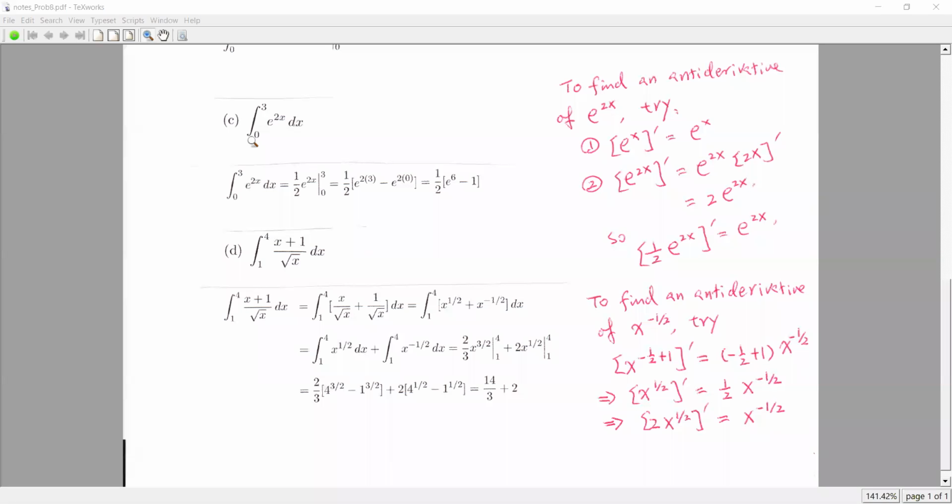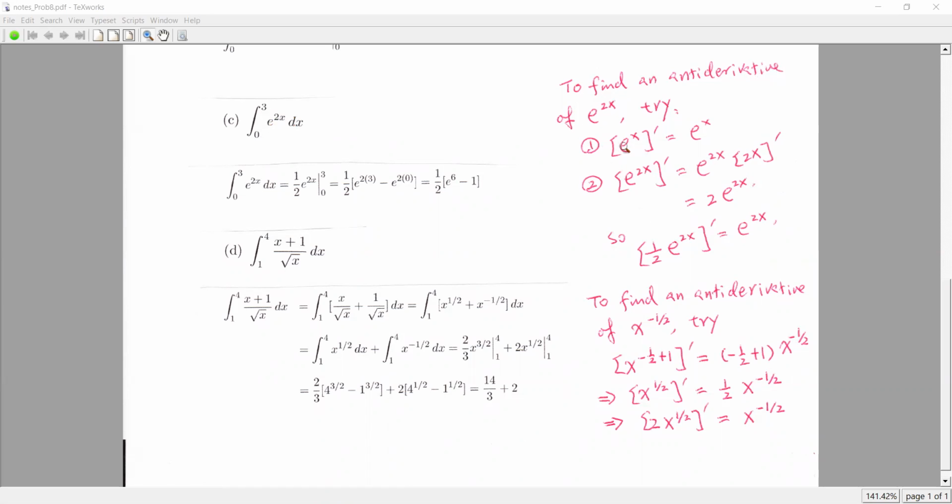Part C, find this integral. I want to use the fundamental theorem of calculus to find this integral. So I need one antiderivative of this function. To find an antiderivative of this function, I make the following tries.